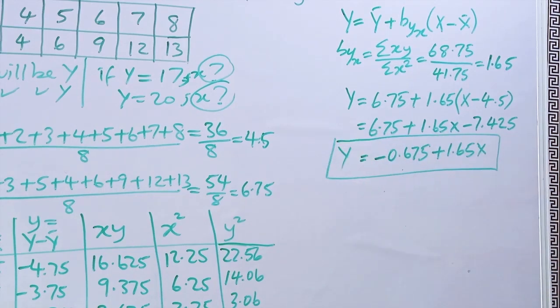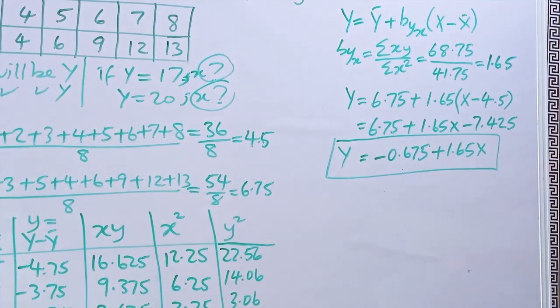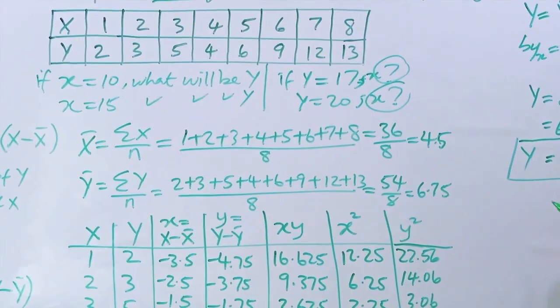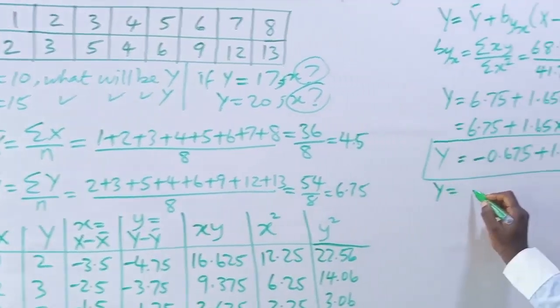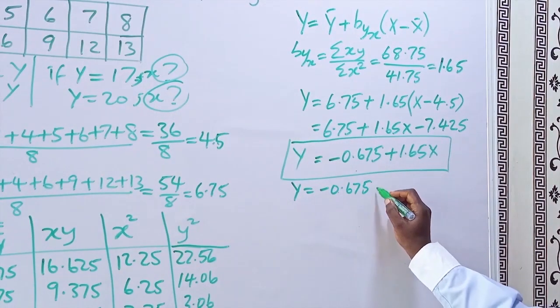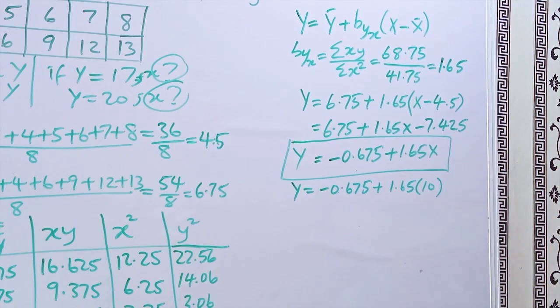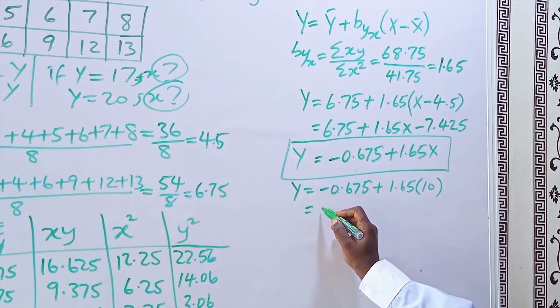Let's now put 10 where we have x. What will y be? That's what we want to predict. So y is equal to minus 0.675 plus 1.65 times 10.